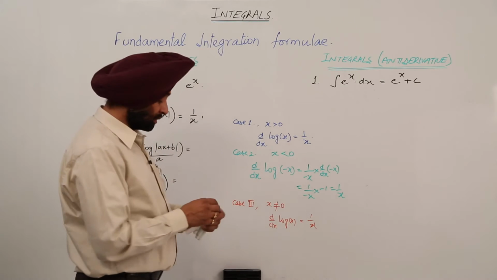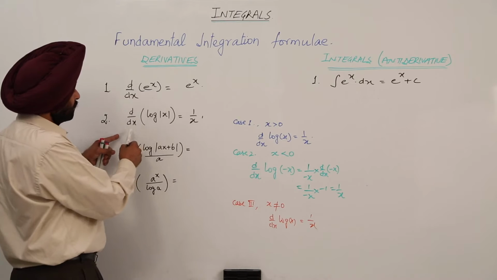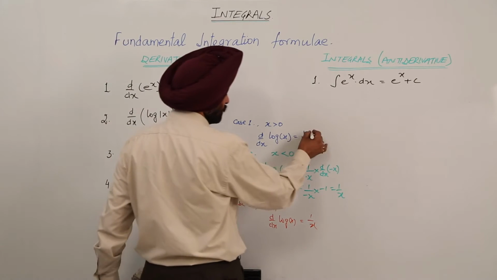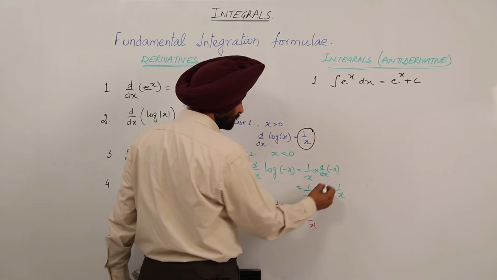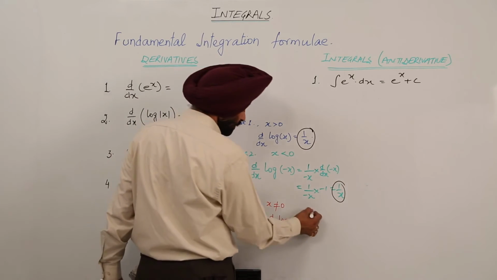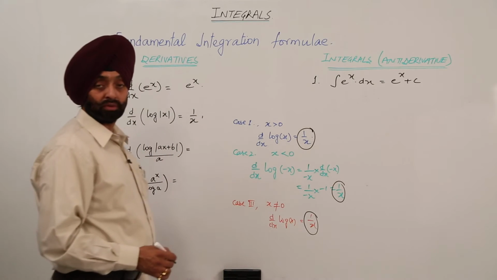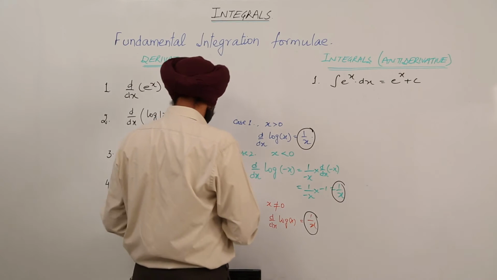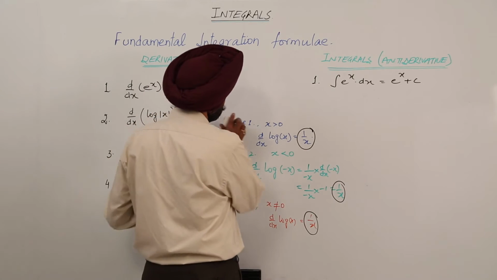So for a single formula we have d by dx of log mod x is equal to 1 upon x for x greater than 0, x less than 0, and x not equal to 0.